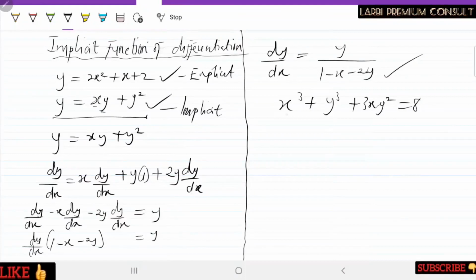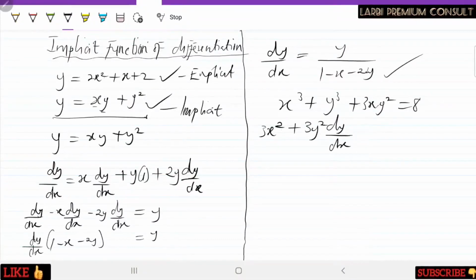So here x is standing alone, y is standing alone, so it's only here going to use our product rule. And when you differentiate the constant, you're going to get what? 0. So here, differentiation of x cubed is going to give me what? 3x squared. It is only y, whether you differentiate, you're going to get dy over dx. So it's going to give me 3y squared dy over dx. I hope you are okay with that.